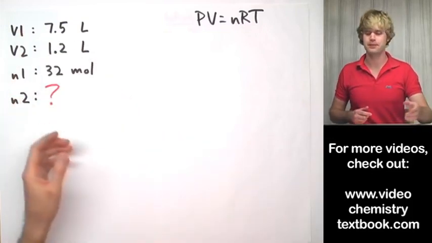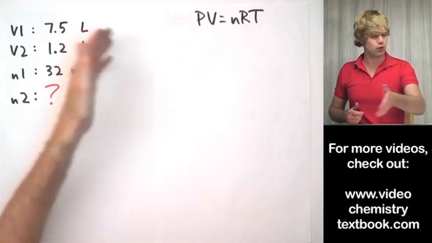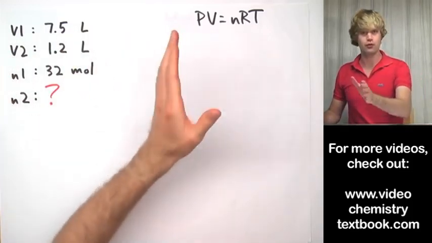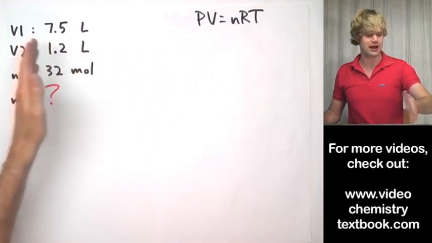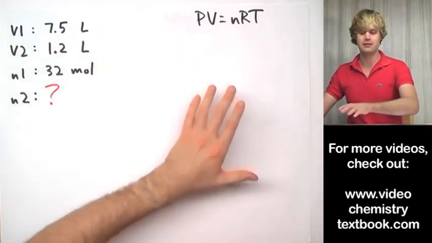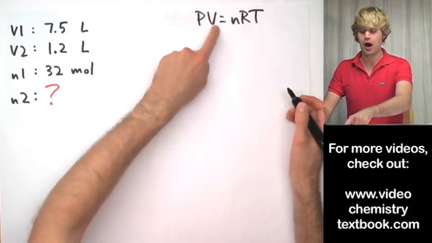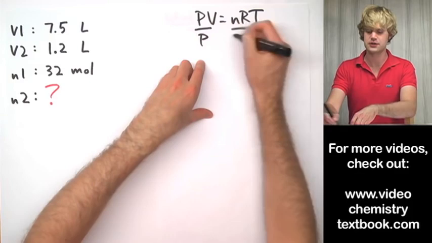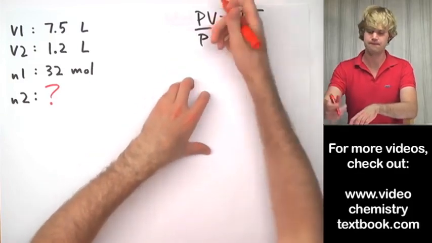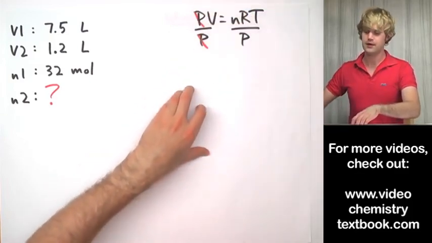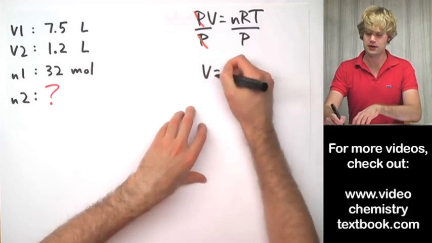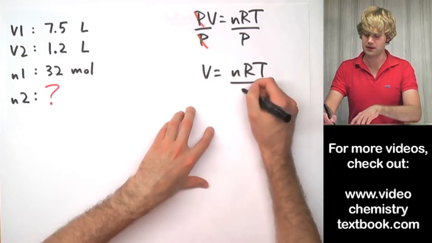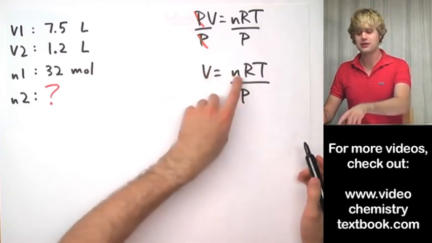That will tell you how to read a word problem and figure out which of the variables you're working with, okay? So this one, we're going to be using volume and moles. So we want to rearrange the ideal gas law so that I have volume and moles by themselves on one side, okay? I will get rid of P so that I have only V alone on this side. Divide both sides by P. And then I have V equals nRT divided by P. And I want to get n to the other side.